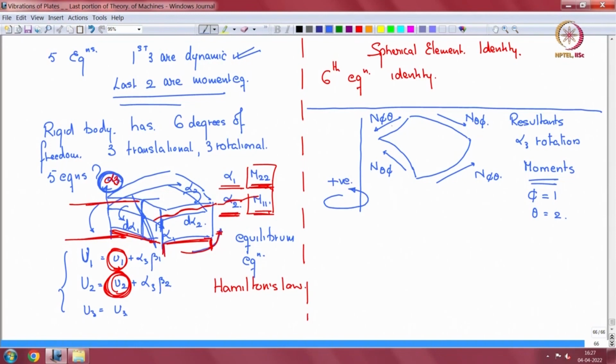So if we look at the moments caused by these two forces, okay, let us see. I get n phi theta, make it a force, r sine phi d theta, and multiply by the moment arm, that is r d phi by 2.